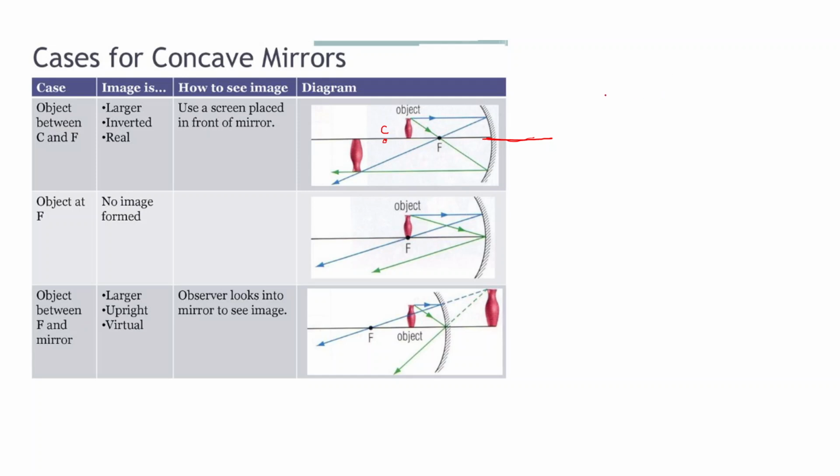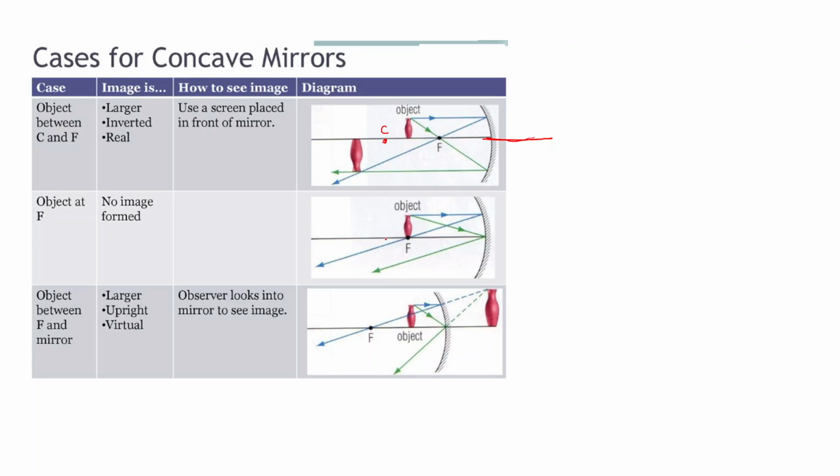How it happens is, the farther the object is, the closer the image gets. Maybe we'll discuss this when we discuss the experiment, but just to understand the possible cases: if the object is between center of curvature and focus, then the image will be beyond the center of curvature, inverted and real.